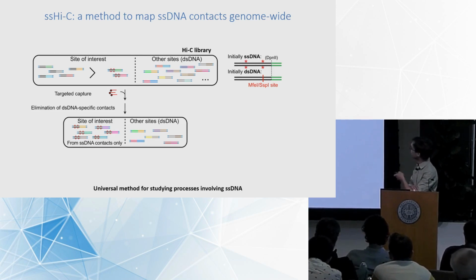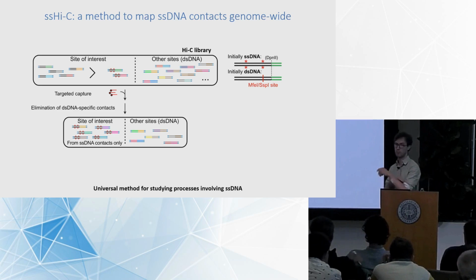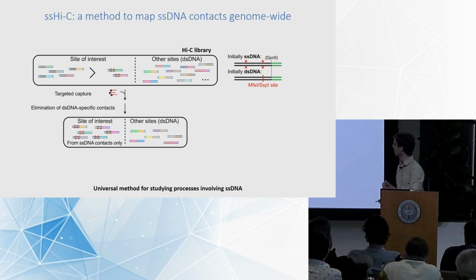And then we use a trick: the SNP we introduced inactivates a secondary restriction site, which allows us specifically to digest the contacts made at that site in the double-strand DNA form. So it isolates contacts made at that site in a single-strand DNA form. And we still have a bunch of pairwise contacts that come from other generic regions.